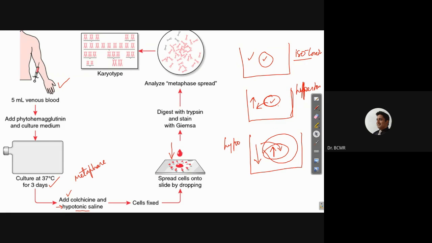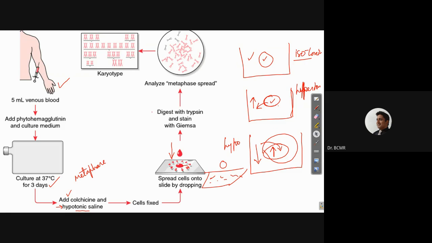We drop one droplet of that solution containing the cells onto a glass slide. When it hits, the cells burst and splatter, and the chromosomes that were in one cell fall and spread out on the glass slide like this.